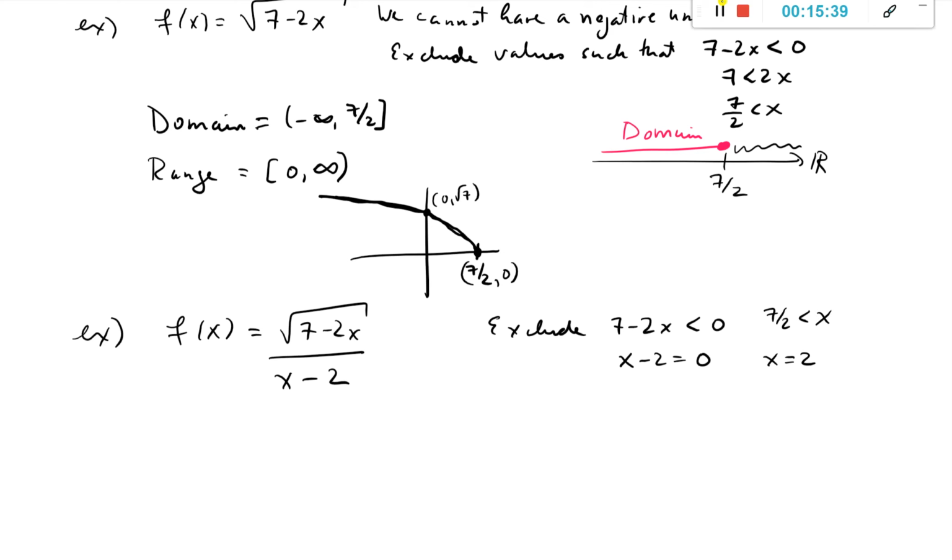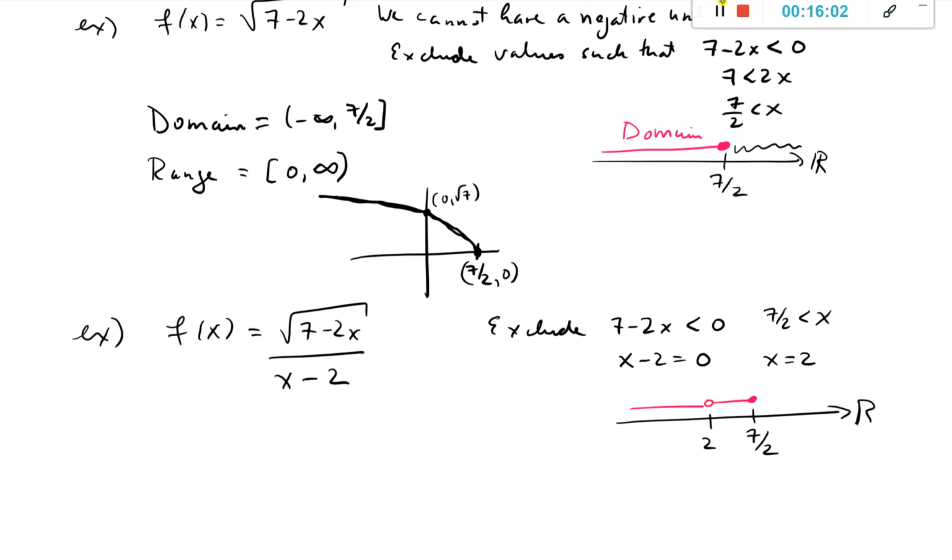So let's take a look on a real line. On the real line, 7.5, this is 3.5. 2 would be somewhere here. So we need to exclude everything above 7.5, so we'd keep that, but we also need to exclude 2. So this would be it.